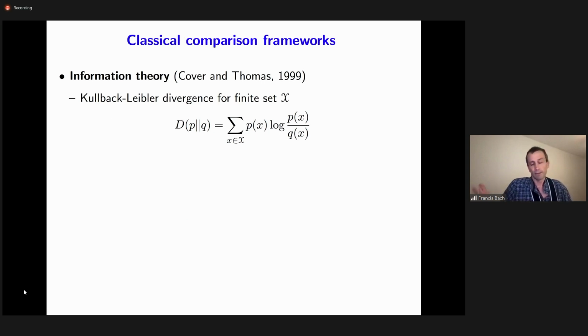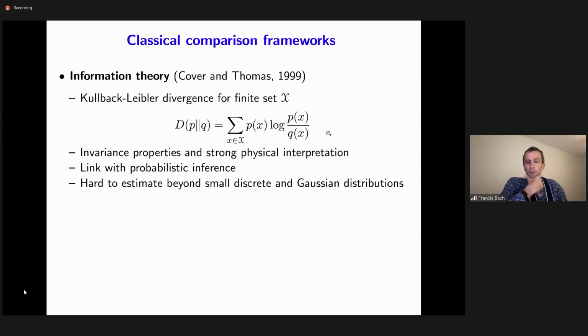The first one is classical information theory, for a finite number of outcomes. You take P and Q defined by their probability mass functions, and you sum P log P over Q. This is the classical Kullback-Leibler divergence, which is non-negative and will be zero only if P is equal to Q. But it has more than that.